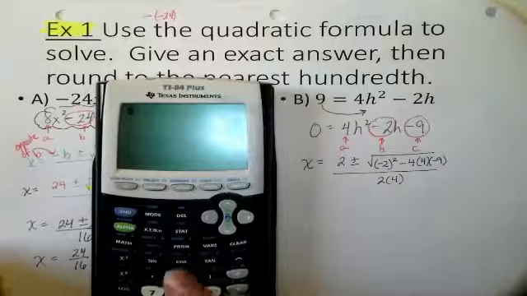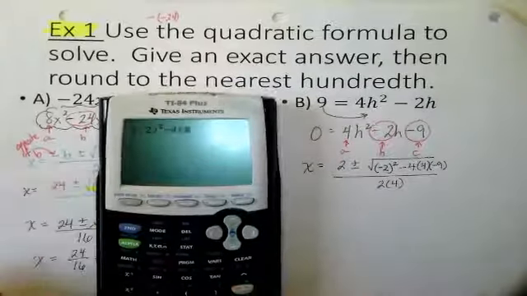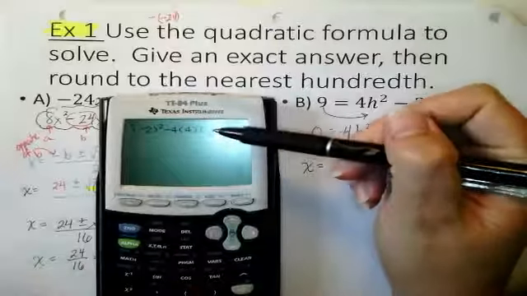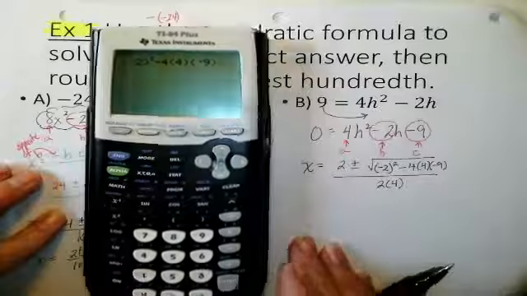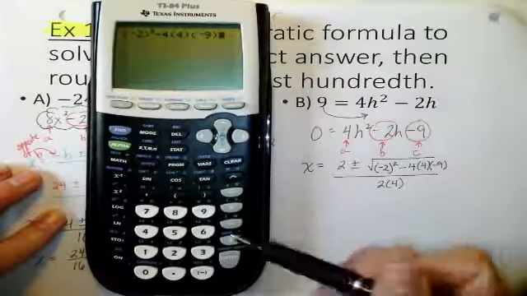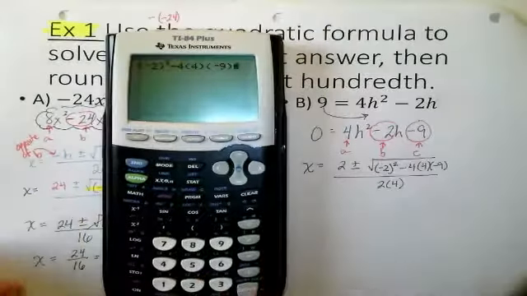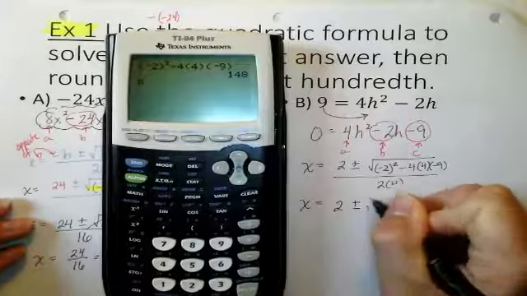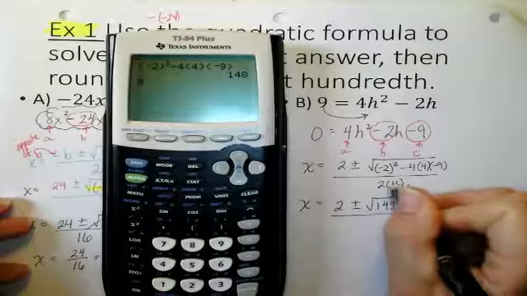Using parentheses is the way to guarantee that it's correct: negative 2 quantity squared minus 4 times negative 9. Make sure you're using the negative, which is down by the decimal point; you cannot use subtract 9. You have to use the proper sign. So we get x equals 2 plus or minus the square root of 148, all divided by 2 times 4.